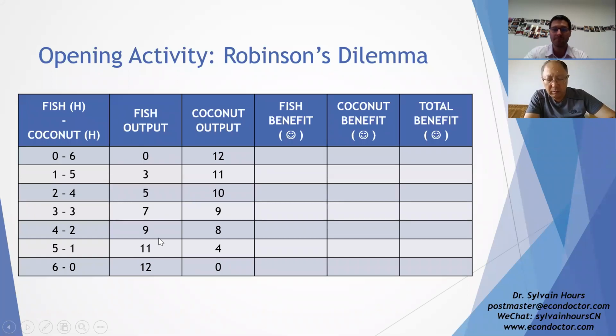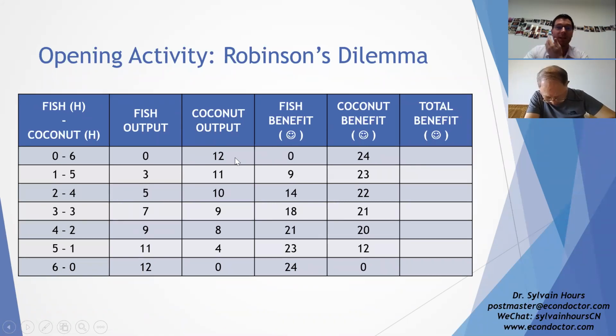Using this information, I can calculate the benefit, measured in terms of how many happy faces we have associated with each possible allocation of my time. So for example, if I choose not to catch fish at all, then I will not produce any fish, so I will not have any happy faces from the consumption of fish, but I will have 12 coconuts.